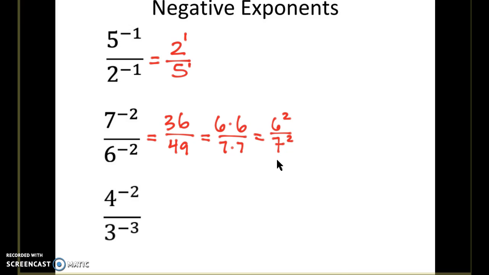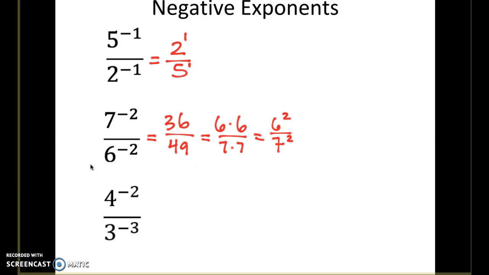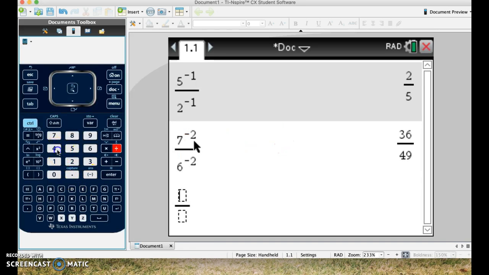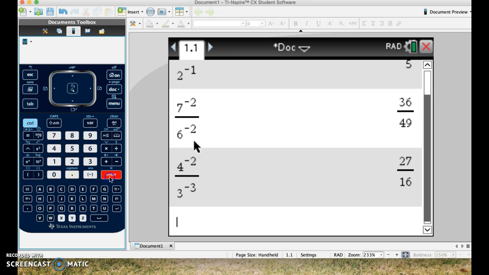My last example that has just numbers only was 4 to the negative second power divided by 3 to the negative third power. So that's what I want to input into the calculator, 4 to the negative second power, and that is being divided by 3 to the negative third power.